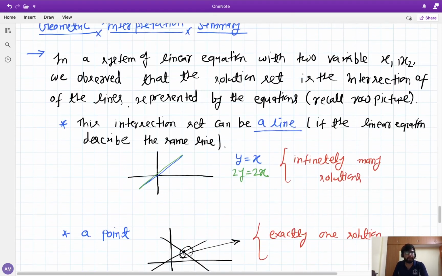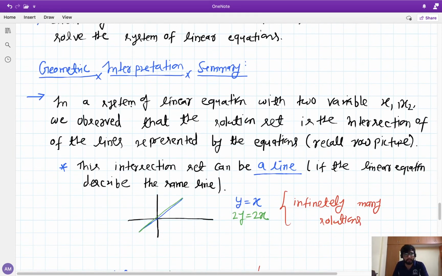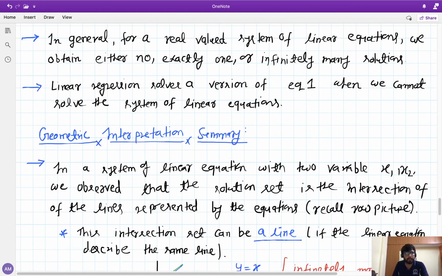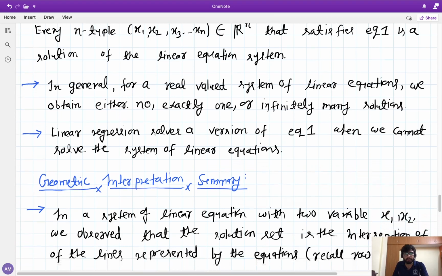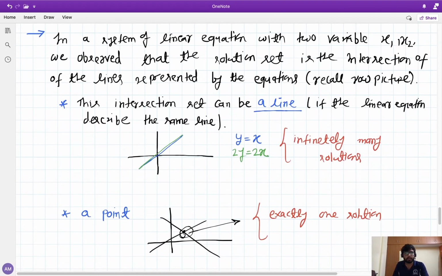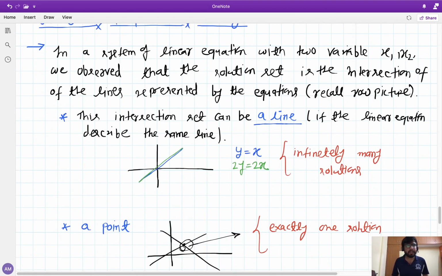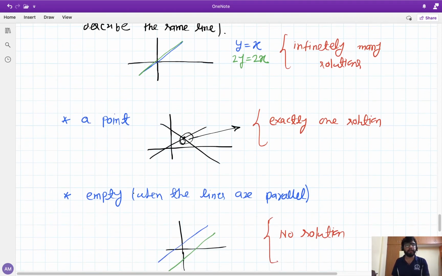Here I mentioned that for the 2D case, for two unknowns, the intersection can be a line, a point, or empty space.